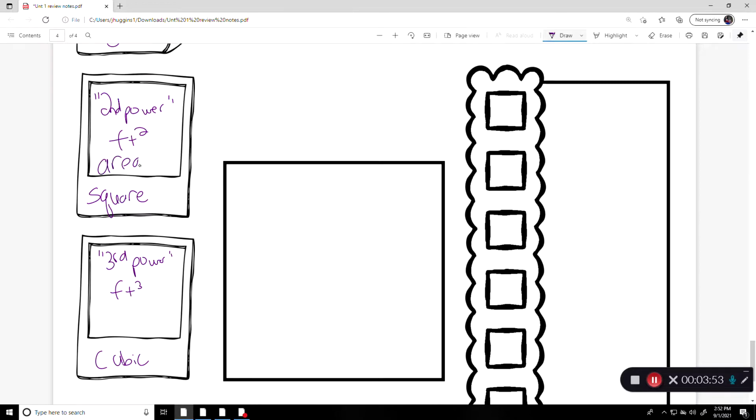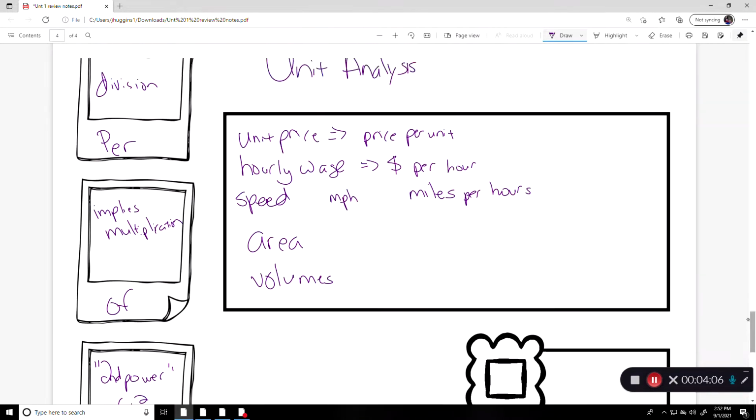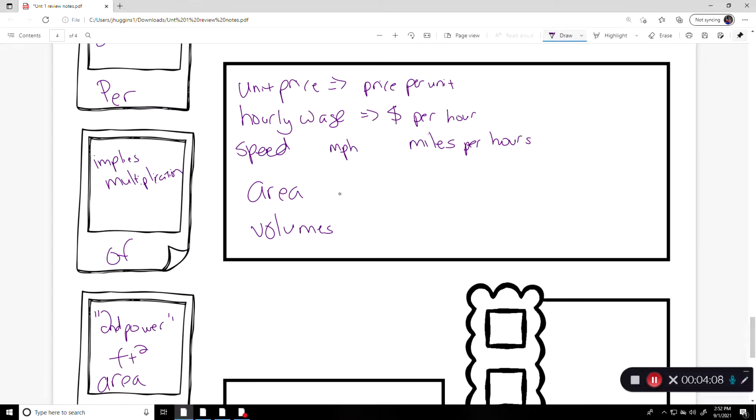Squared is the appropriate exponent on a unit of area, whereas cubic is the appropriate exponent on a unit for volume. Sometimes it helps us, right? If area is supposed to be squared, what I need to do is take one unit and multiply it by another unit.